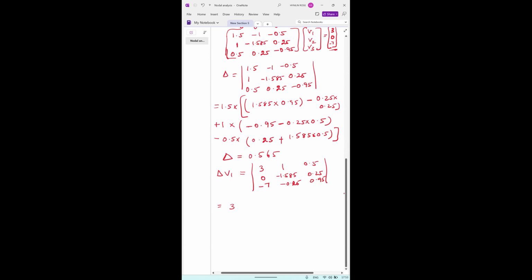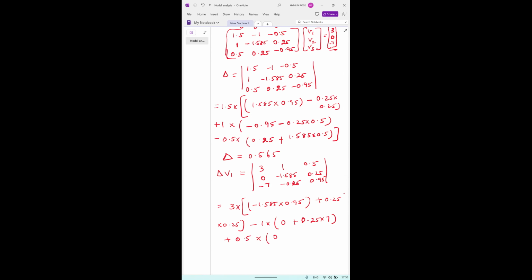So it is 3 into minus 1.585 into 0.95, minus into minus becomes plus, plus 0.25 into 0.25, minus 1 into 0, minus into minus becomes plus 0.25 into 7, plus 0.5 into 0, plus, sorry, minus 7 into 1.585, minus into minus becomes plus.